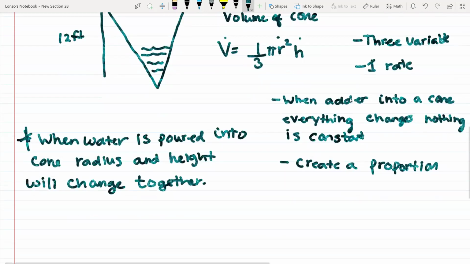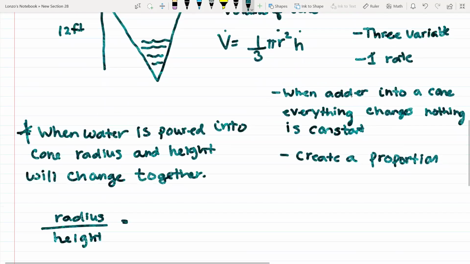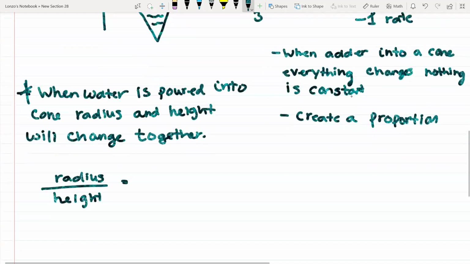So let's make a proportion. Radius on top and then height on the bottom. And we know we were given the height is 12 feet and the radius is 5 feet. So this would be 5 feet here and then 12 feet there. Okay.